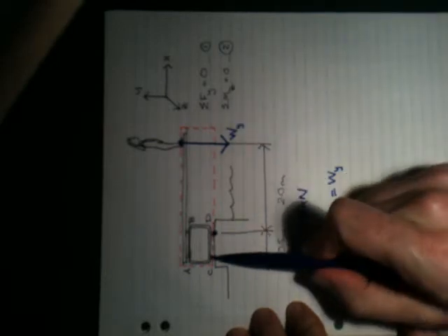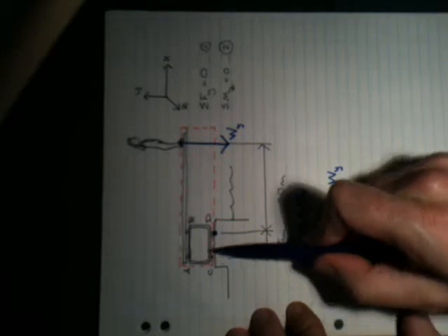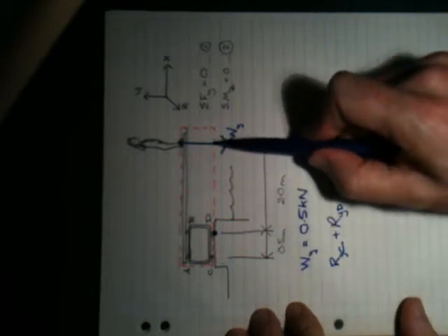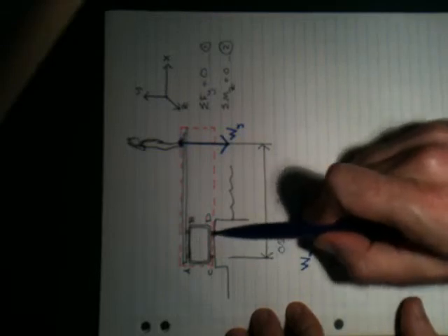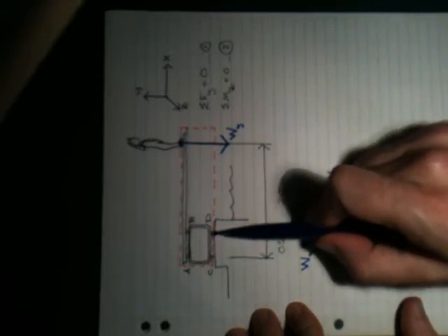You could also choose point C. You could also choose this point here, but that point there is going to give you still two unknowns. Okay, so the reason why I choose C or D is that at C or D the lever arm is 0, so therefore that component of the equation is eliminated.